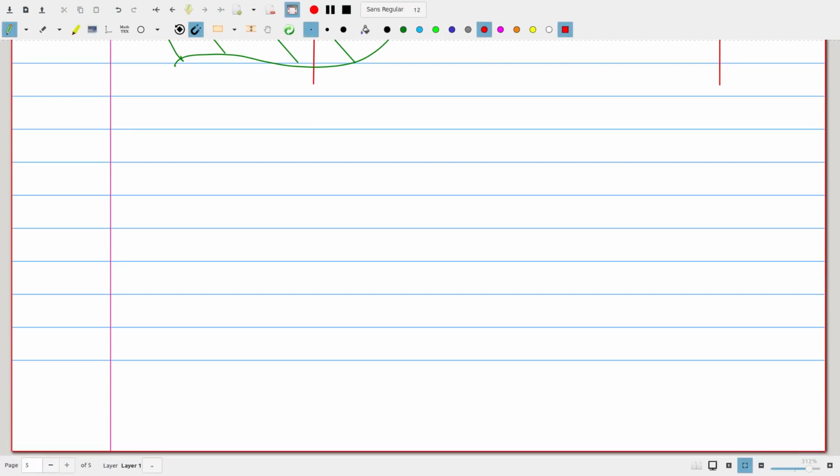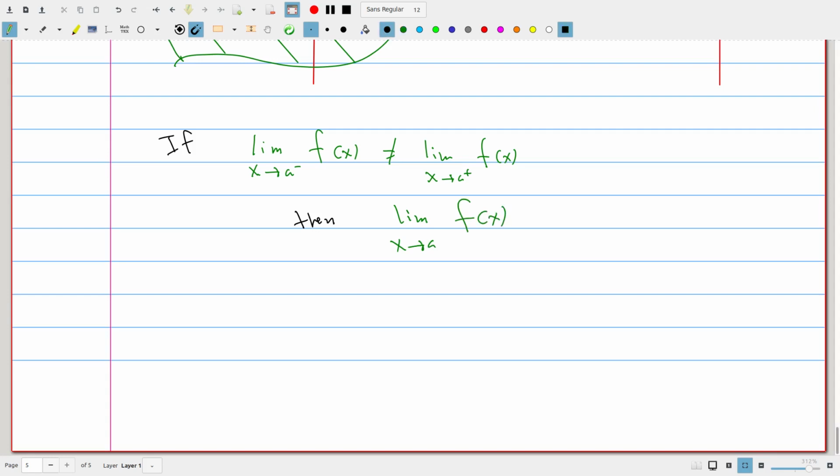For example, if the left-handed limit, x coming in from the left of f of x, is not equal to the right-handed limit, if this were the case, then as x goes to a, f of x does not exist.